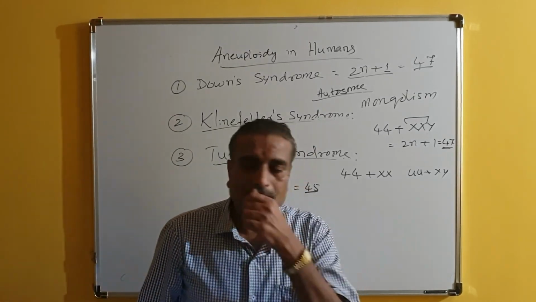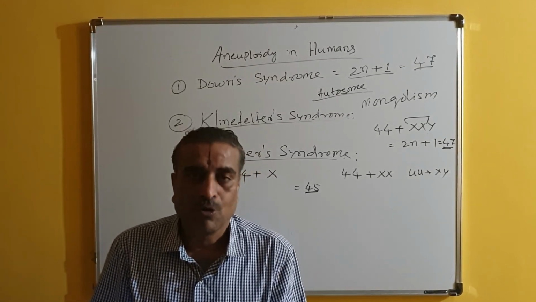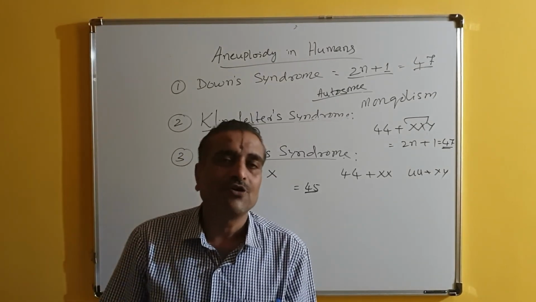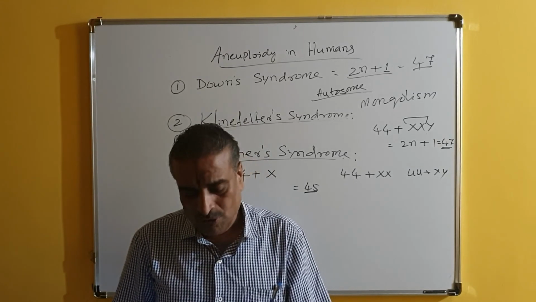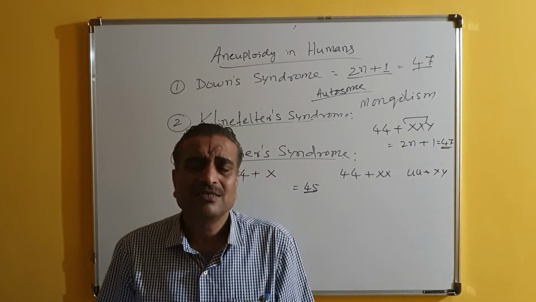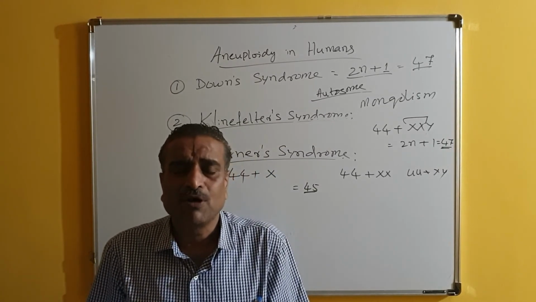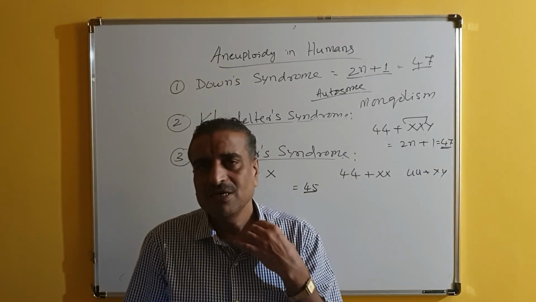So with this we have completed the study of chromosomes. There are 2 video classes on chromosomes. In this class I have discussed giant chromosomes, that is polytene chromosomes and lampbrush chromosomes.